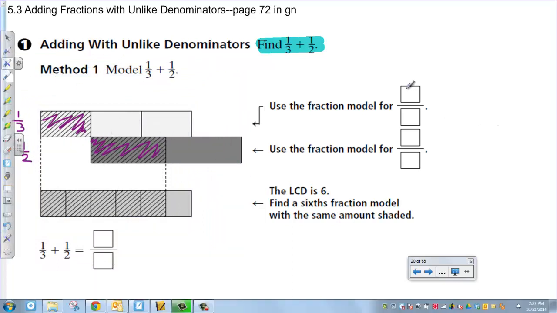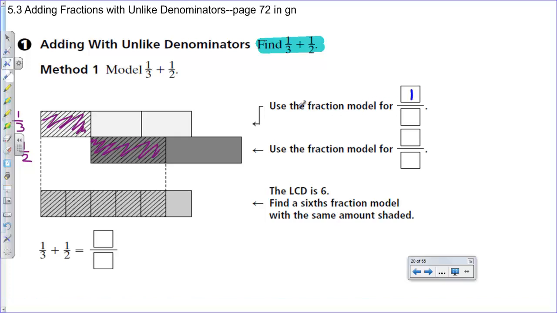We can visually see that we're going to use this fraction model for 1/3, and this fraction model for 1/2, as I've already explained. We need to find equal sections that represent this big mess up here.